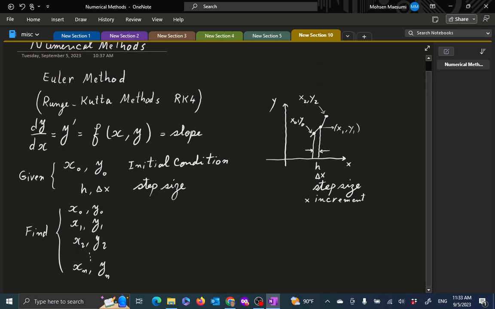So what happens after you find x2, y2, and say x3, y3, x4, y4, x5, x6, and so on? Well, you have a polygonal line which approximates the solution intended by this differential equation, subject to your initial condition. So the initial condition is your starting point here.